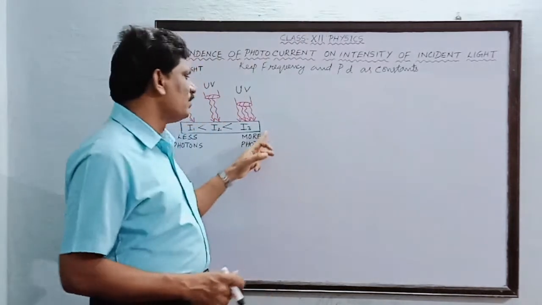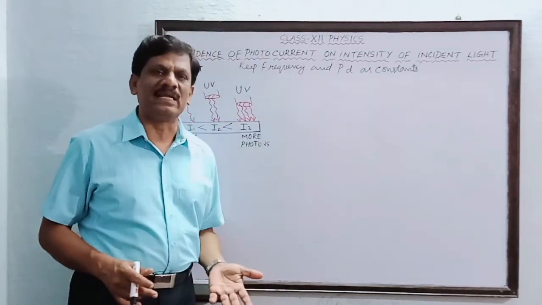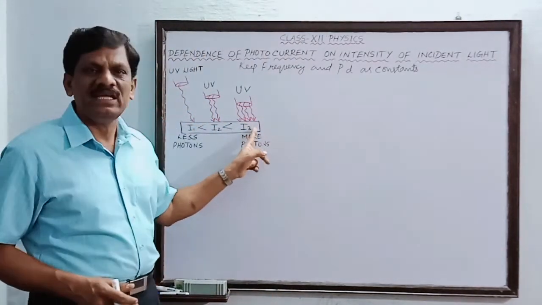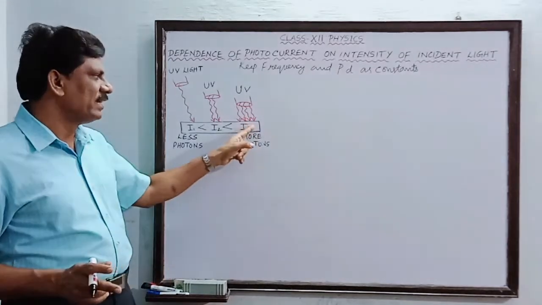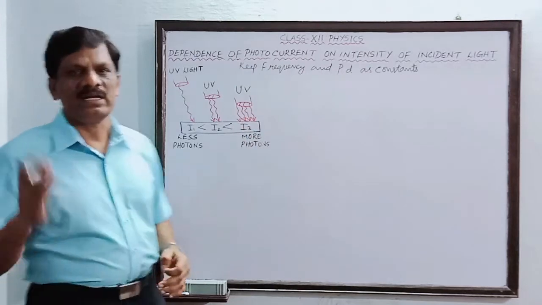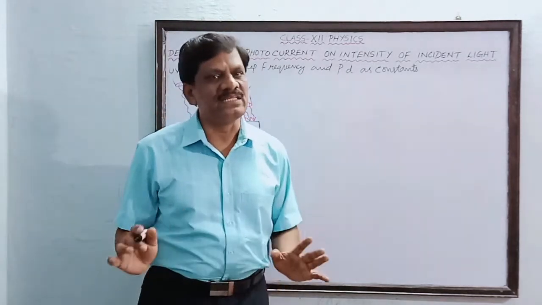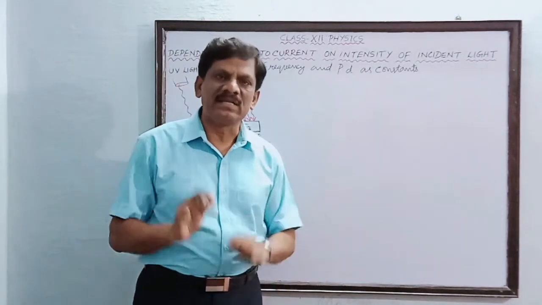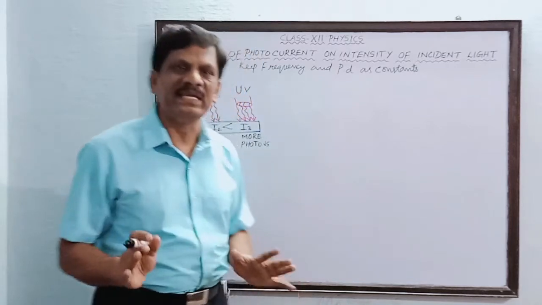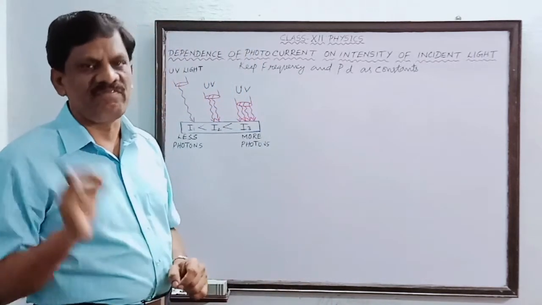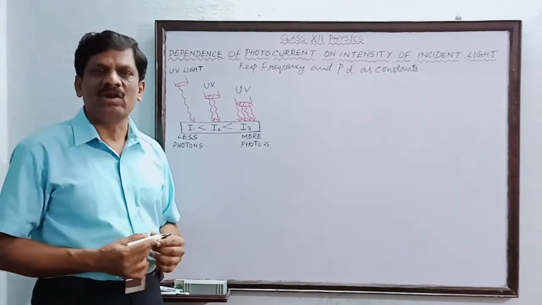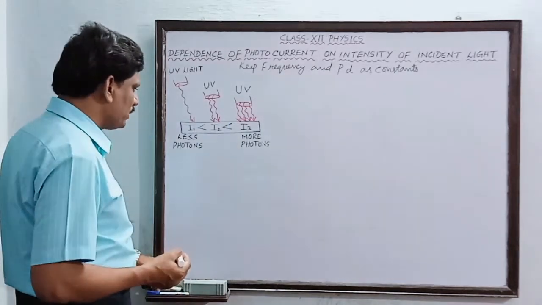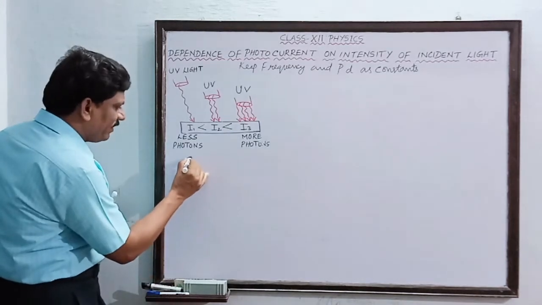In which case is more intensity falling on the metal plate? For the intensity I3. And it was found that for this greater intensity, the photoelectric current was also greater. So this was plotted as a graph by taking the intensity of light along the x-axis and the photoelectric current along the y-axis. Now this is the graphical study only.